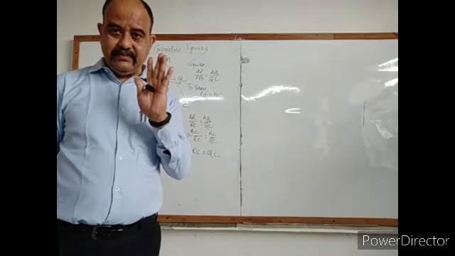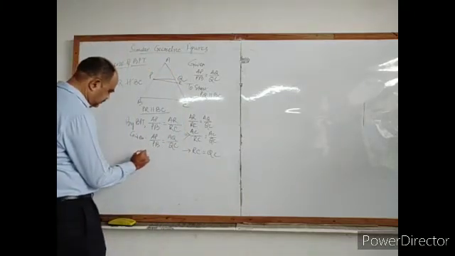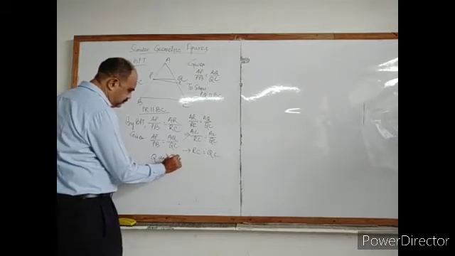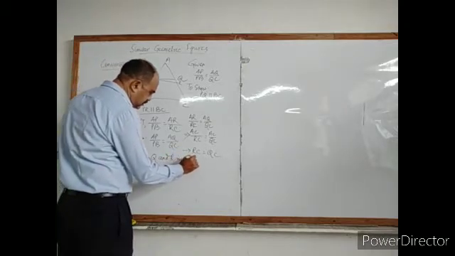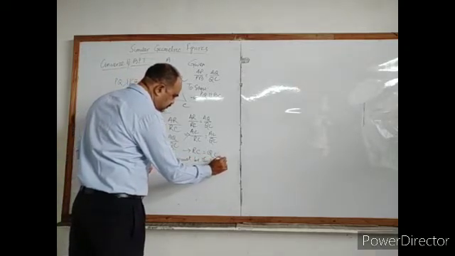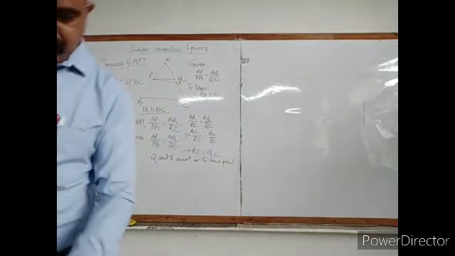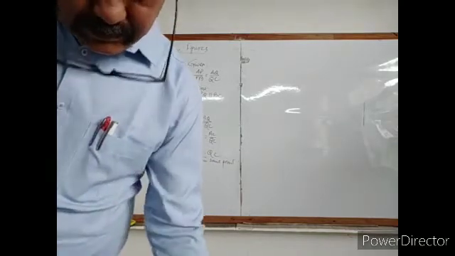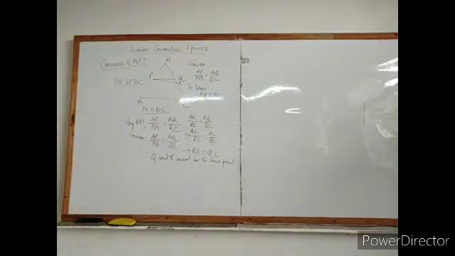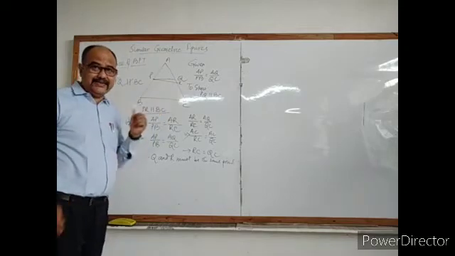Am I right? So, therefore, Q and R must be the same point if RC is equal to QC. Okay? That means R equals Q, so Q and R are the same point.